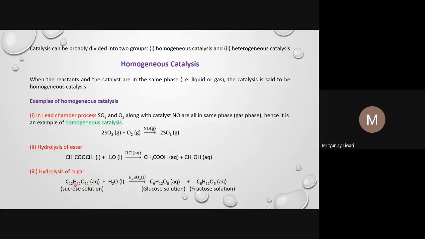The sugar is in the form of an aqueous solution, and to enhance the rate of this process we use sulfuric acid as a catalyst, which we also use in the liquid phase. So the catalyst is in the liquid phase, and the reactants are in the liquid phase. This is the aqueous solution, which is in the liquid phase, and this is also in the liquid phase. So this catalysis is also an example of homogeneous catalysis.